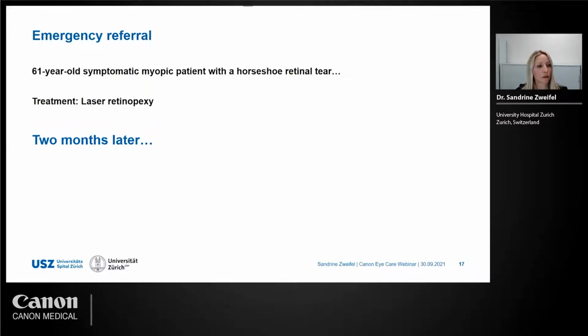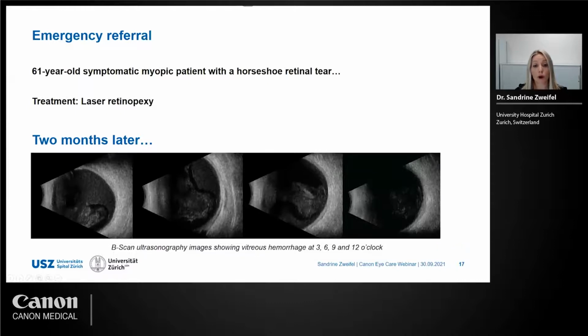This is a 61-year-old symptomatic myopic patient with a horseshoe retinal tear. Of course, we did laser retinopexy in this patient. 2 months later, the patient presented himself again at our emergency department because he developed vitreous hemorrhage.